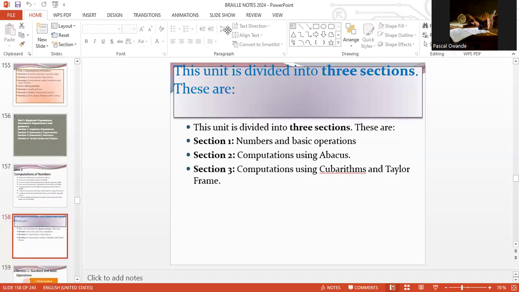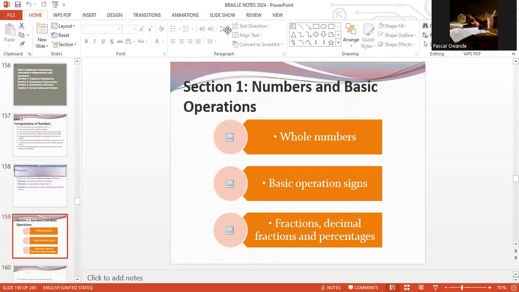In this unit, we will look at 3 subsections and 3 areas. We will look at numbers and basic operations. We'll look at computations using abacus and also using algorithms and the Taylor frame. Under section 1, we are looking at numbers and basic operations.